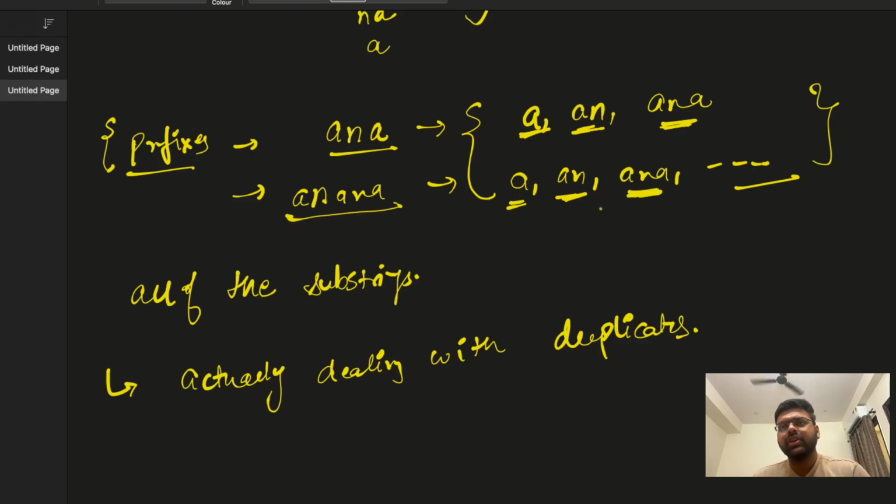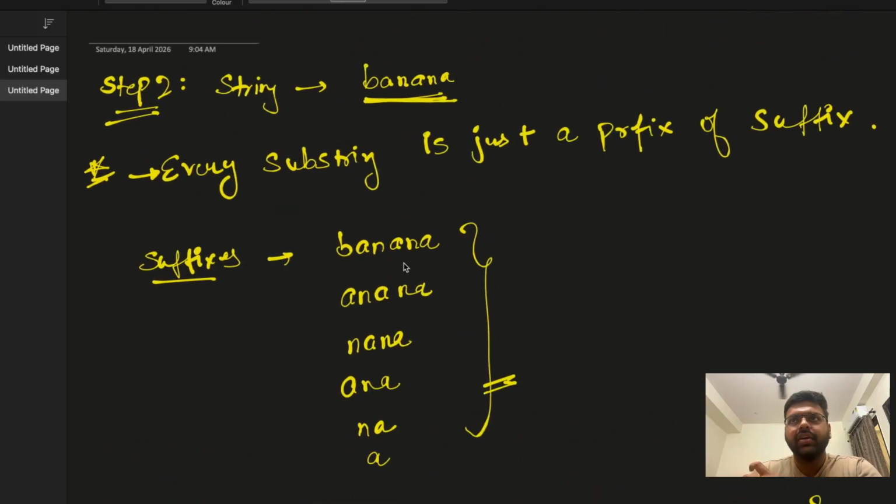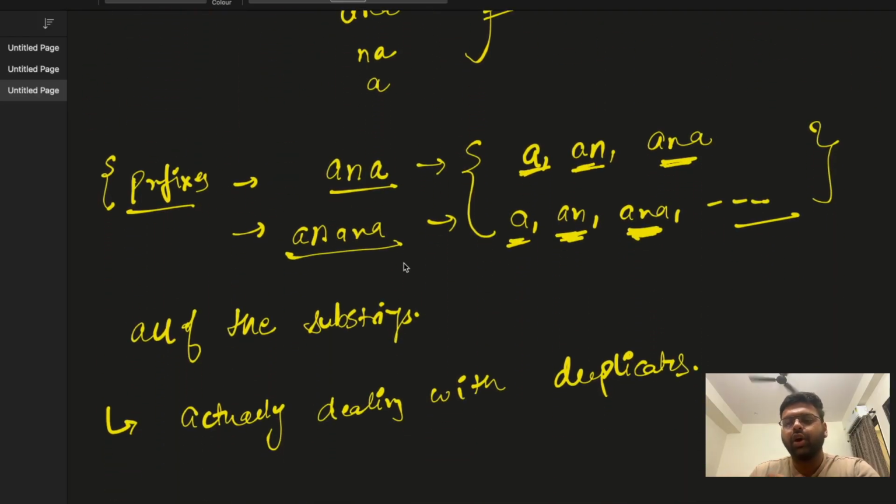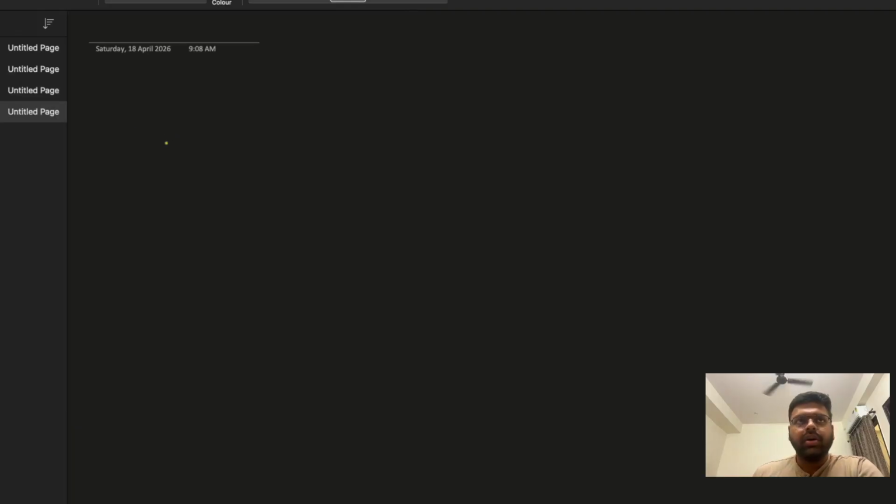Now we need to optimize, or remove, these substrings that we are considering twice. Now let's see how we actually do this. I hope you have understood till here what I'm talking about, on what lines we would be approaching this problem. Okay, now let's jump to step 3.